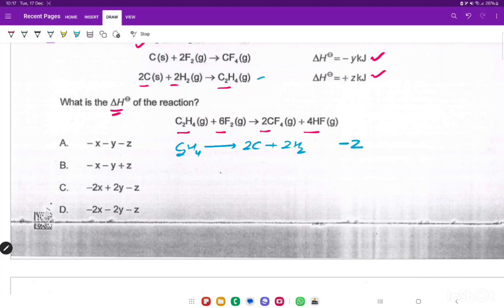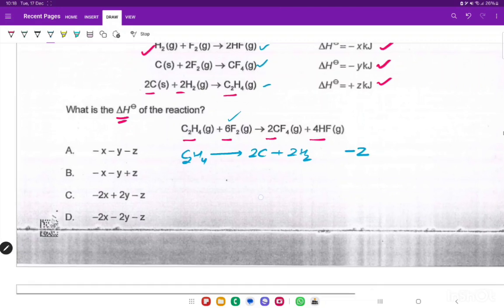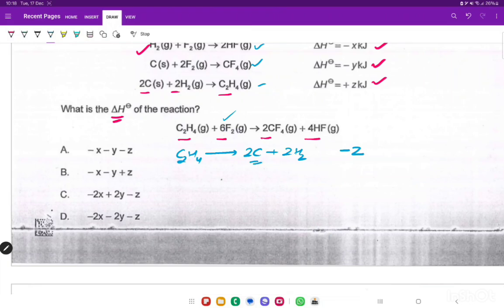Okay. Now next, fluorine is my next reactant. Fluorine is present in equation number 2 and equation number 1, and the carbon: in the equation which I made there are 2 moles of carbon, and in this only 1 mole. I will multiply equation number 2 by 2 and add to this.